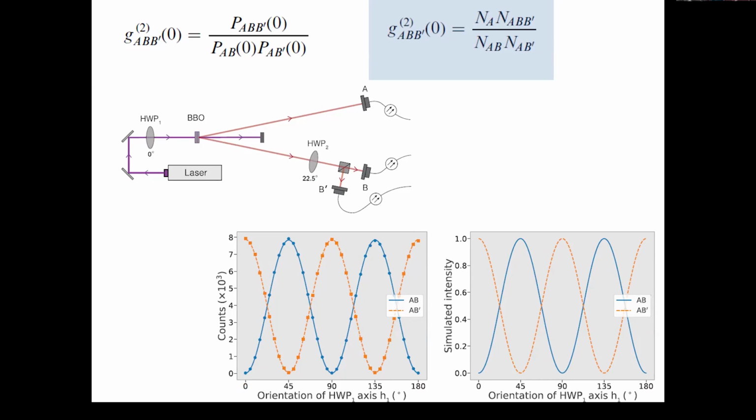So at one time, if you have single photons, there can be no coincident detection on B and B prime, given that there is a coincident photon on B. So this numerator should really be zero. So if you really have single photon sources, then this threefold coincidence should be a number close to zero. And if you get a number close to zero, then you have single photons.